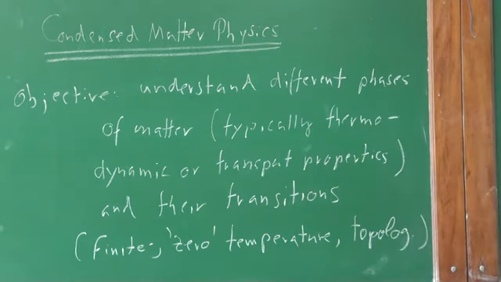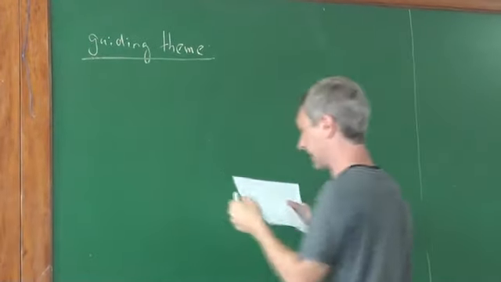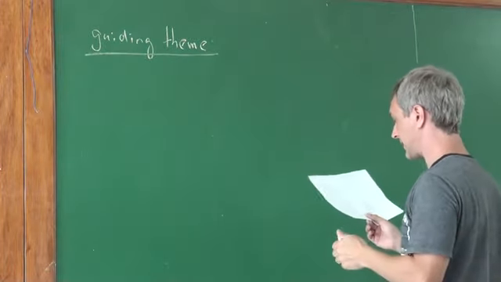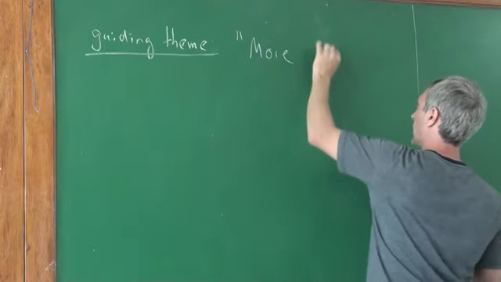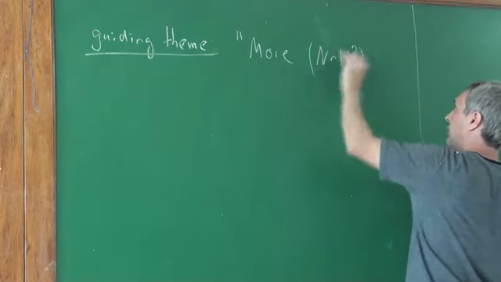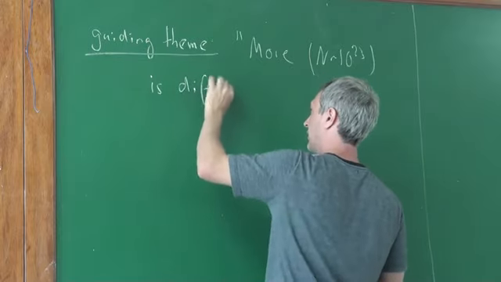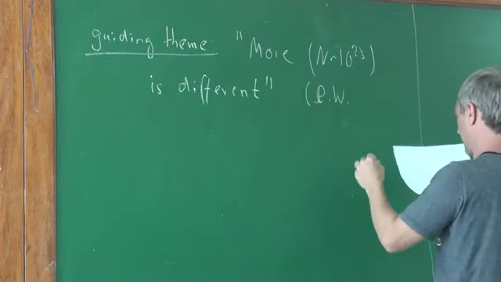Now, the guiding theme, or at least what I find quite fascinating in condensed matter physics, can be summarized in a phrase that Anderson once stated: more is different, where more refers to of the order of 10 to the 23 particles. This is the title of a famous paper by Anderson.